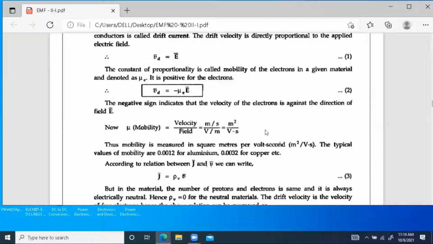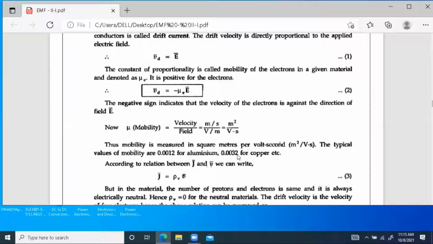So these are some typical values for mobility. Aluminum, 0.0012. For copper, it's about 3 times that.